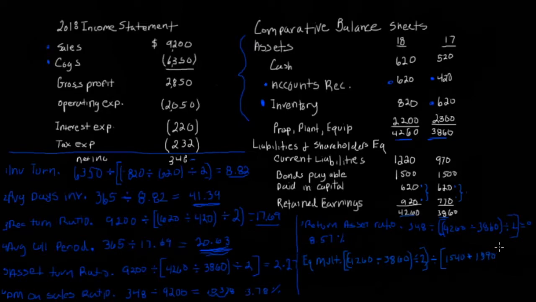Hopefully you guys can read that. Sorry about my penmanship. And then you're going to divide by 2. You should arrive at a number of 2.77. Okay. So to sum up, 2.77, that is the percentage of the assets that are financed by the shareholders.